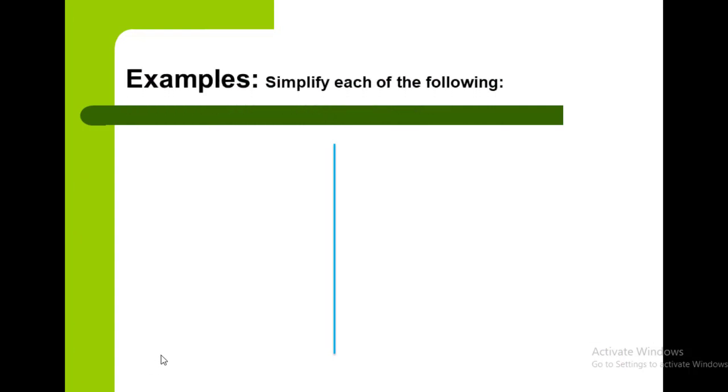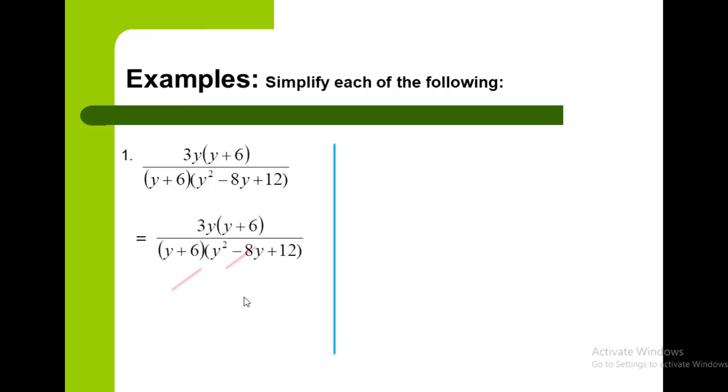We have some examples. Simplify each of the following. Number one, simplify 3y times (y plus 6) over (y plus 6) times (y squared minus 8y plus 12).